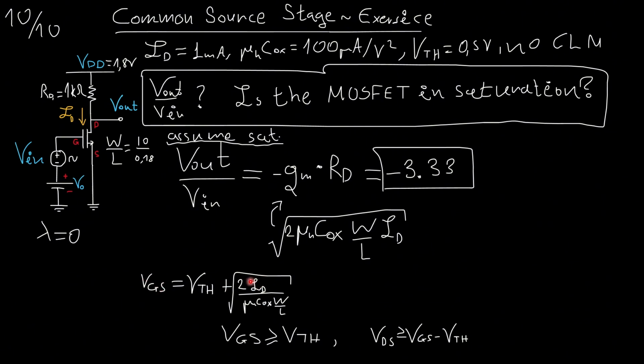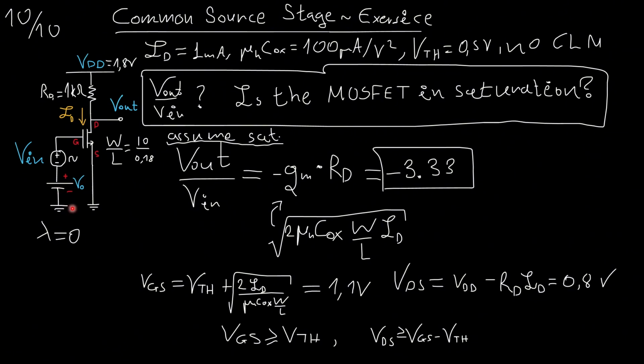So the current is actually this value squared times this. I just write it like this, which, if you do the math here, is going to give us 1.1 volts. How much is VDS?